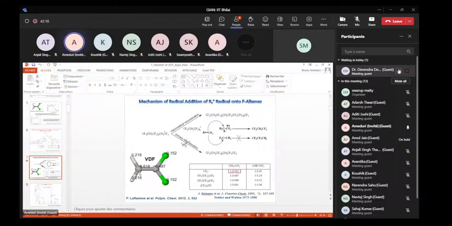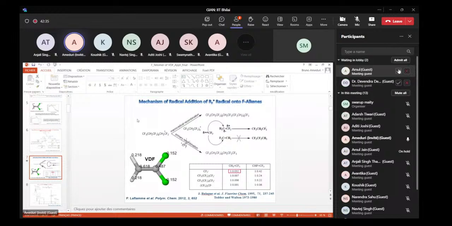And even when you look at the literature, we try to understand what's going on regarding the recombination. And as I mentioned in a previous talk on Friday, usually the mechanism of termination occurs by recombination and not by disproportionation.